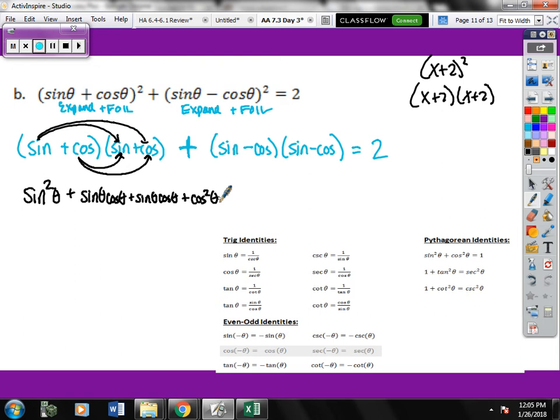You can combine your like terms if you want, or you can just go ahead and FOIL the second one and see if we can cancel any stuff out, which is what I'm going to do. So I'm going to bring down my plus sign, and then I'm going to FOIL these. This will get me sine squared, this one will be minus sine theta cosine theta.